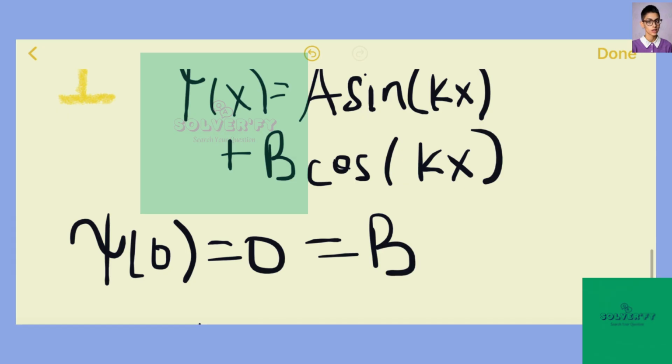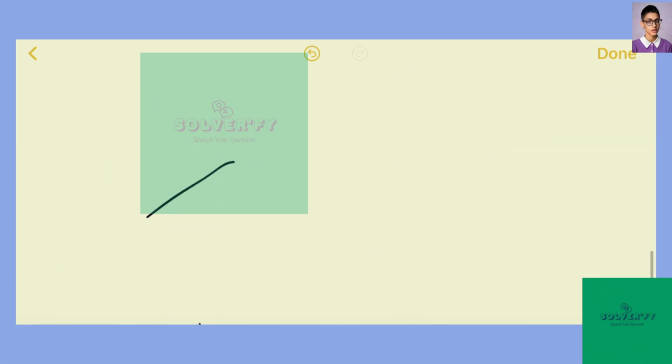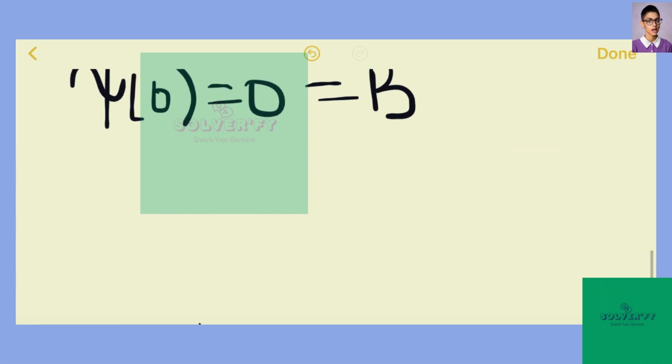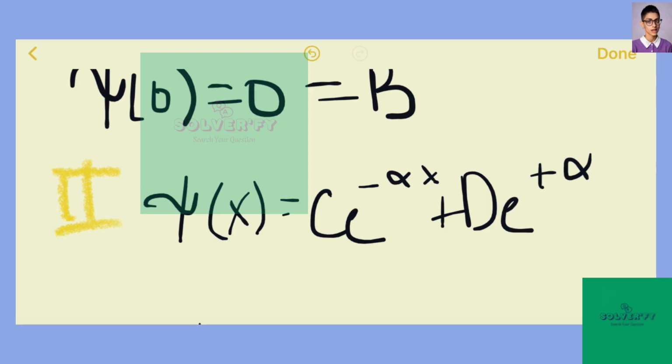Okay, outside of the well, so in portion 2, x greater than L, U of x equals U, and the Schrodinger equation has exponential solutions. So for portion 2, your wave function is equal to C e to the minus alpha x plus D e to the positive alpha x.